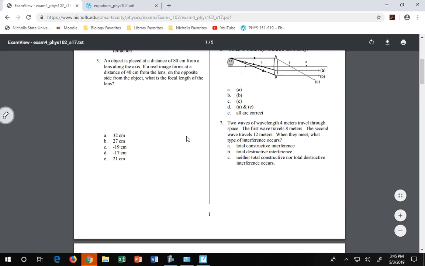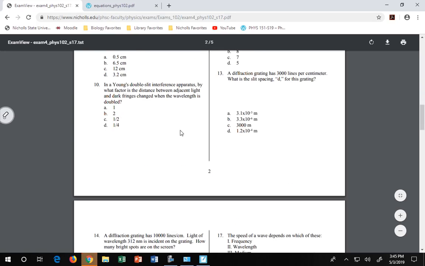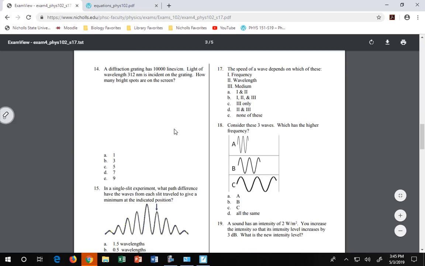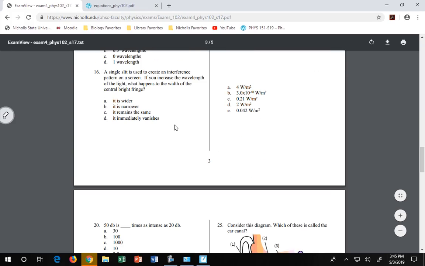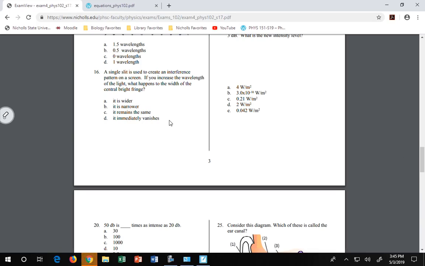Oh, there's a lot of lens equations. So yeah, Tristan, look at number 16. There's a lot of lens equations, so make sure that you're up on solving the lens equation. Okay? There's probably 3 questions in the multiple choice that are either lens or mirror, because it occurs twice for both mirrors and lenses.